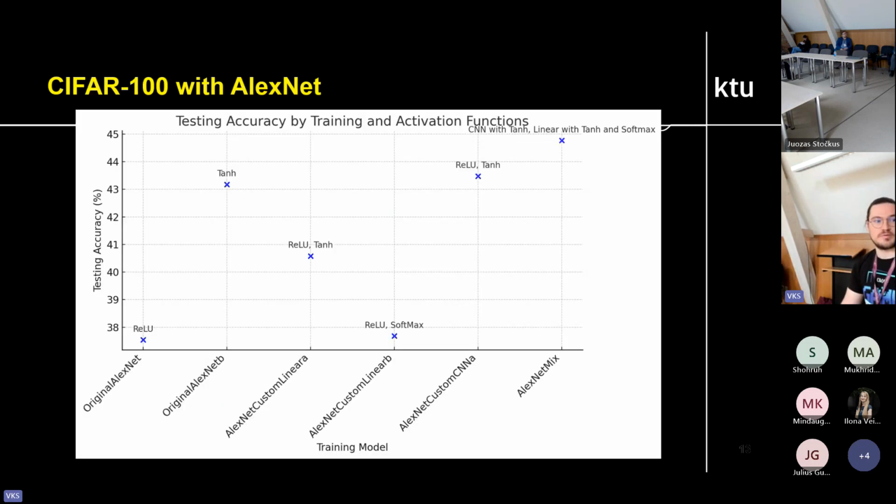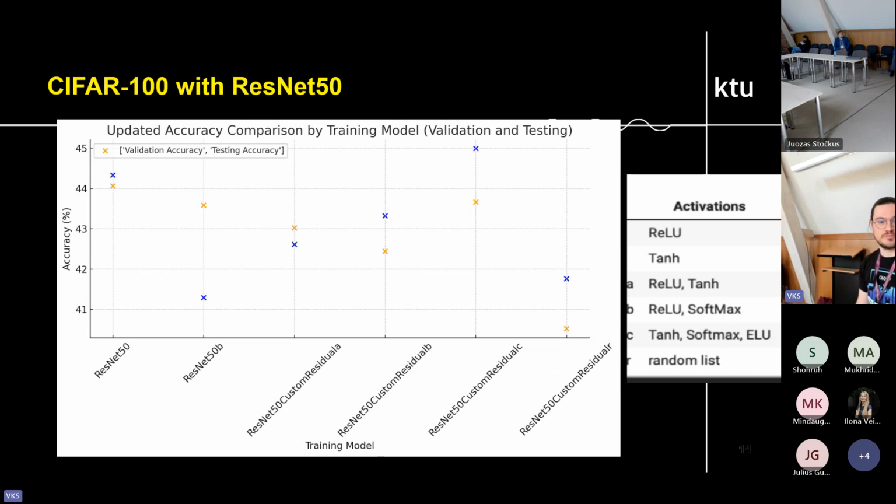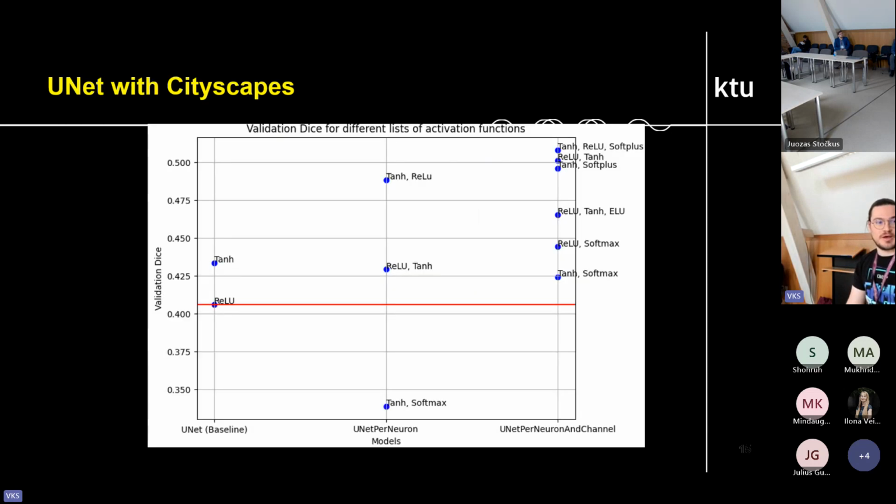And then CIFAR with the AlexNet, which is one of the most popular networks used on this data set. And we can also see a very slight improvement, of 1 or 2%. And ResNet as well, with different combinations of neural networks.